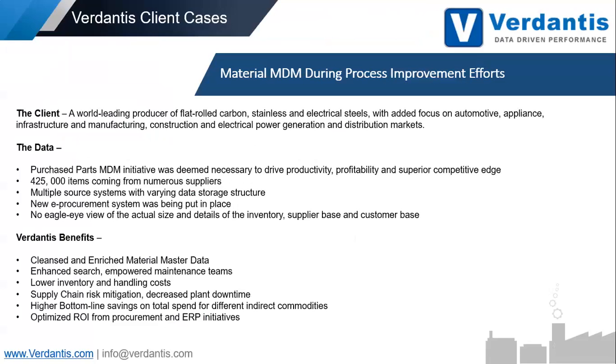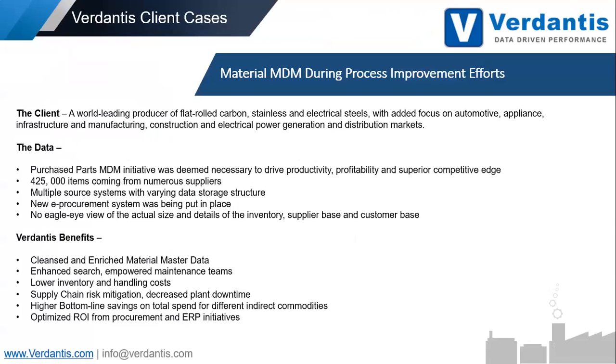So their existing environment was that they had no enterprise view of the granular data in their MRO databases across the different systems. So what they were looking for us to do is to cleanse and enrich their material master data to a standard at the enterprise level, and to provide them a robust, easy-to-use search capability so that their maintenance team could easily find preferred parts from preferred suppliers.